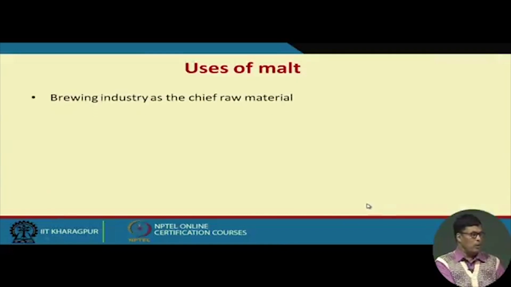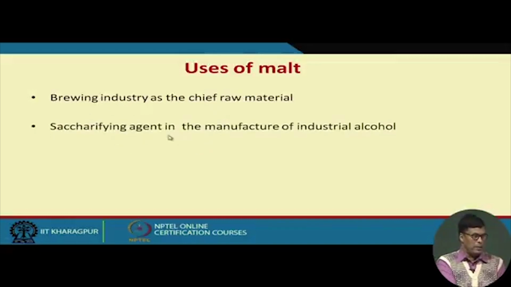So malt has different uses. In the brewing industry it serves as a cheap raw material. Then it is used as a saccharifying agent in the manufacture of industrial alcohol, because I told you that whiskey is produced from starchy raw materials, like wheat starch and rice starch. So there we can use these hydrolytic enzymes for the hydrolysis of the starchy material.